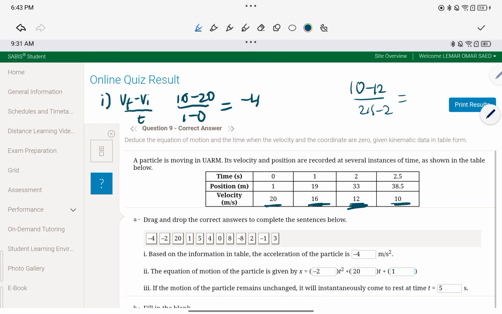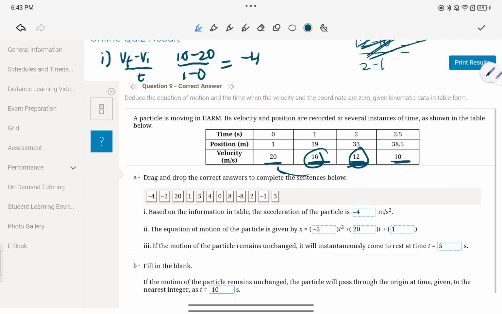12 and 16, let's say. If I use 12 and 16, 12 is my final, 16 is my initial. So 12 minus 16 over 2 minus 1. You will get negative... Or just do this, guys.